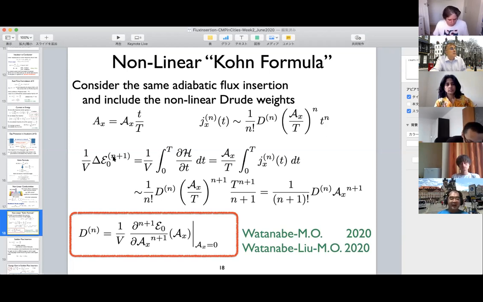Then I can relate the n+1 order of energy gain during this adiabatic flux insertion to the nth order current contribution to the increase of energy. So again, dH/dt can be related to the current, but the current is a sum over all order contributions. So I'm just picking up the nth order response current to the electric field.